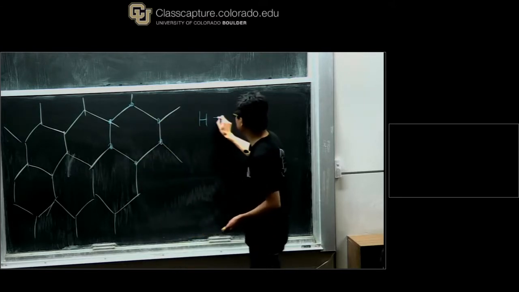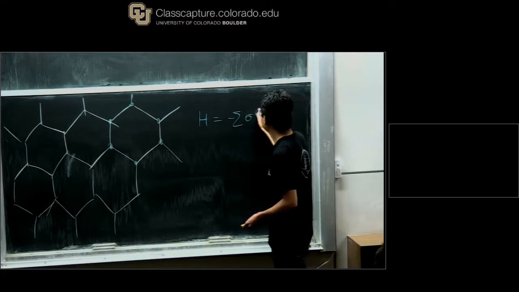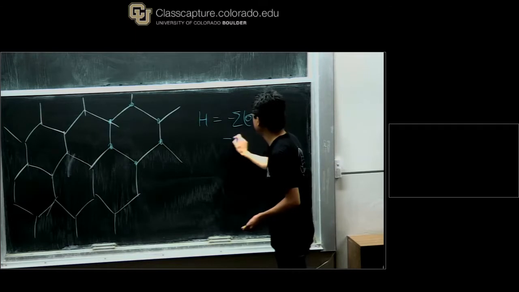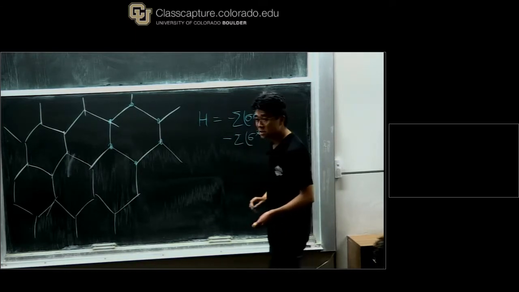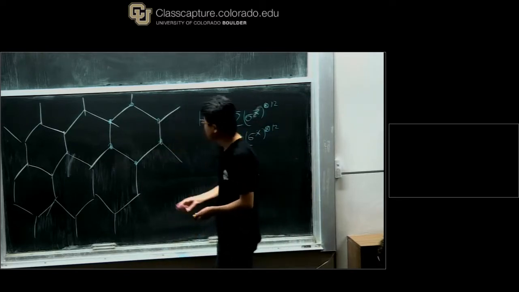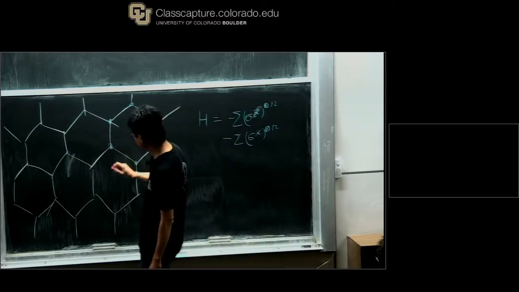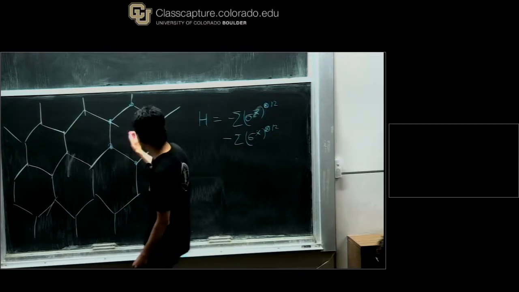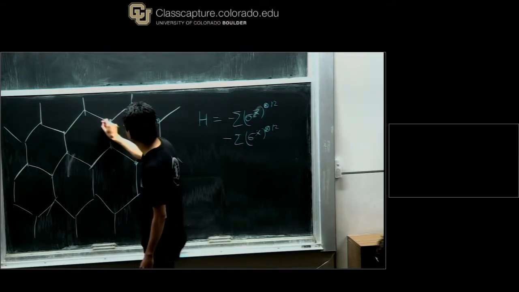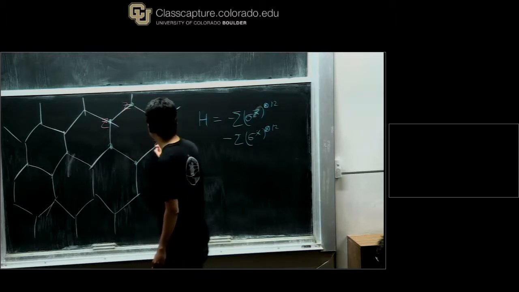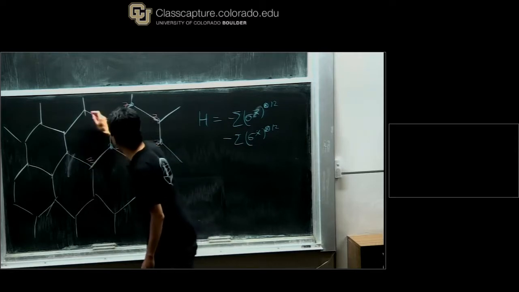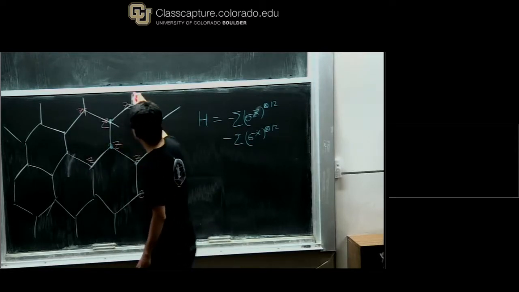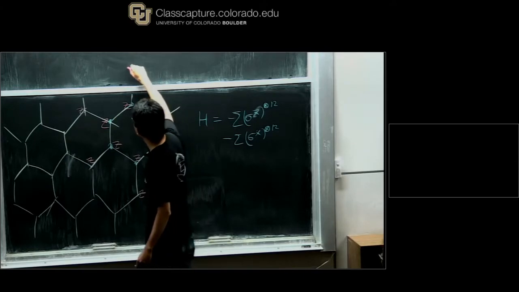And then I consider a Hamiltonian, a 12-body interaction Hamiltonian, again a stabilizer code, and one term looks like this, with one vertex here.